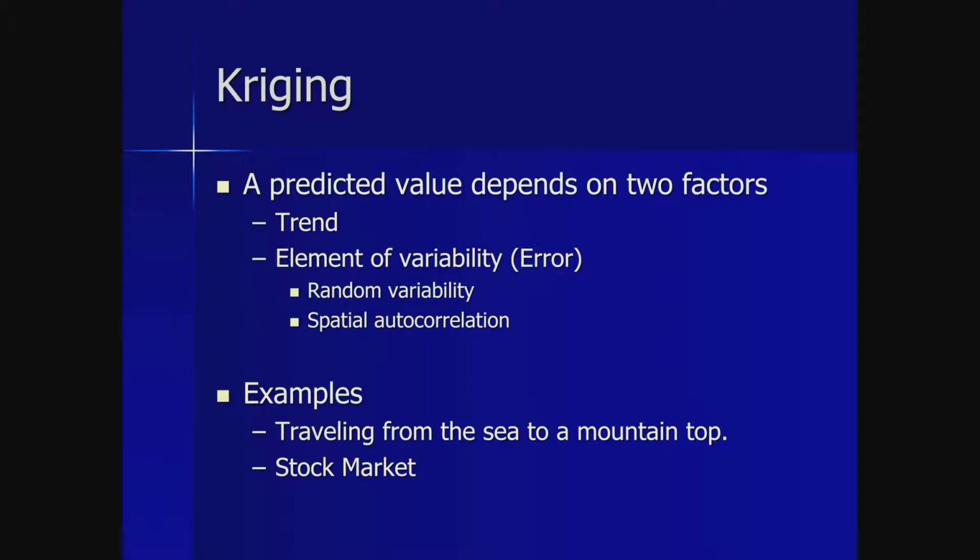Some examples of a trend and also local variability are these. If we were traveling up to a mountain peak, we wouldn't always be going up, but in general we would be going up. So there is a trend, and there are some elements of variability.